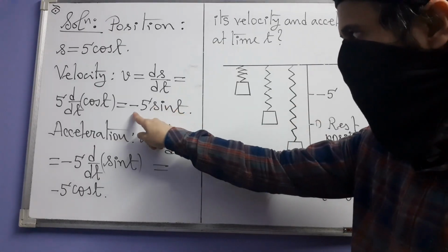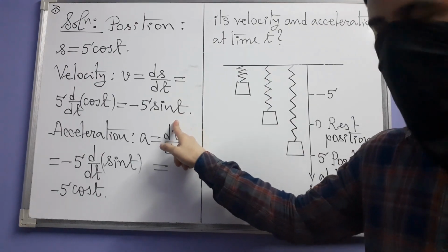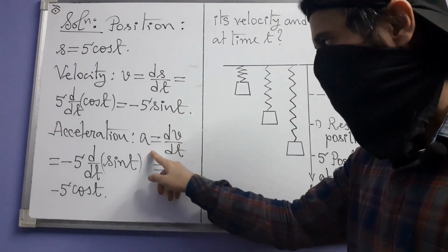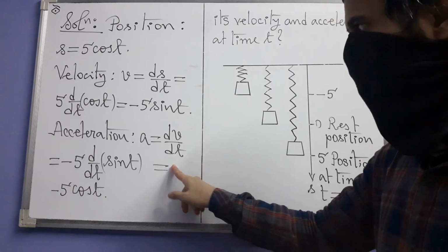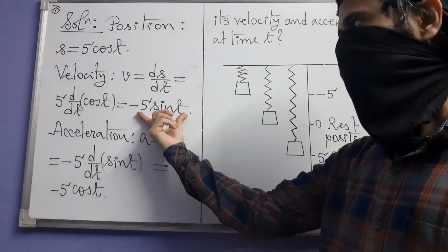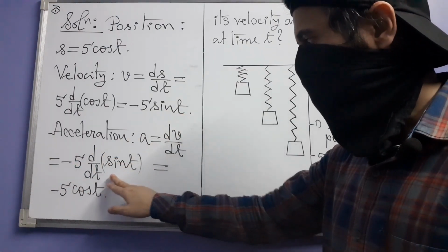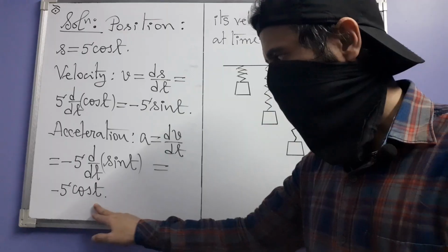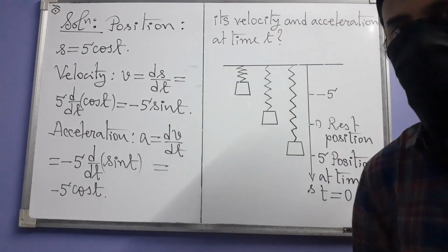So that way you get the velocity to be -5 sine t. And then when you go for acceleration, that is the derivative of velocity with respect to time. So now you differentiate this with respect to t. So -5 goes outside, and the derivative of sine t is cos t. So that way you get -5 cos t.